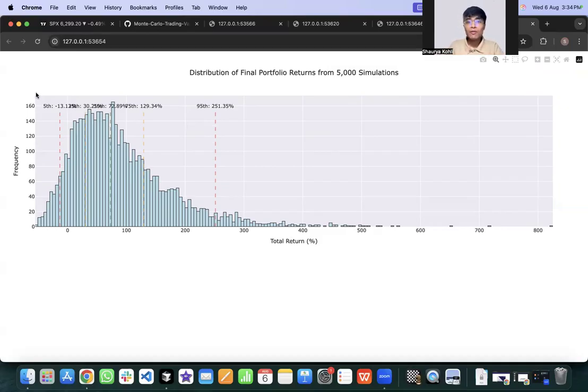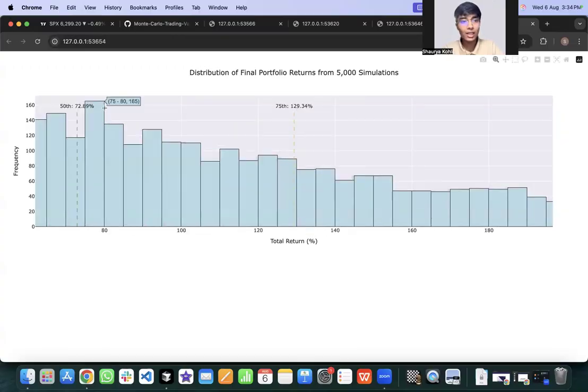And in the same way, the strategy that goes above 251 return is 5% again. And where is the majority of the predictions that we could actually take? It's between the 75th percentile and the 50th.